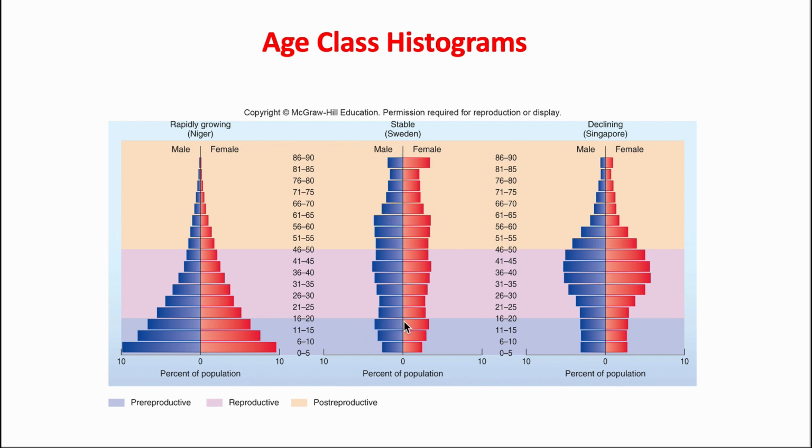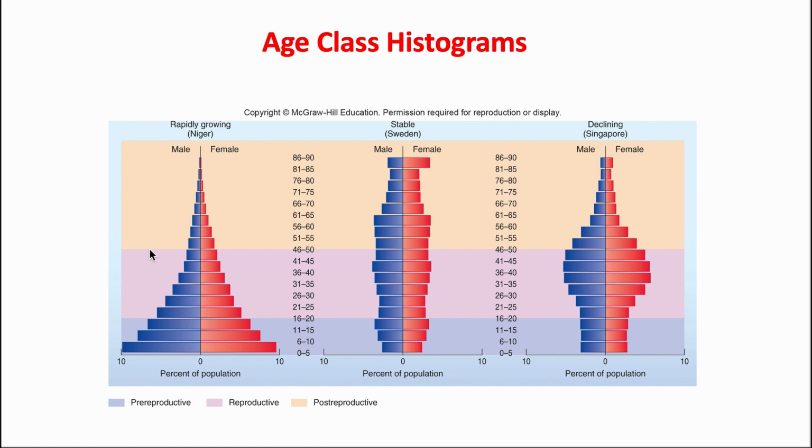What this is showing is that these reproductive individuals are just going to replace themselves. They'll die, but there's a comparable number of younger people that will mature later on. So this is a stable age class histogram.